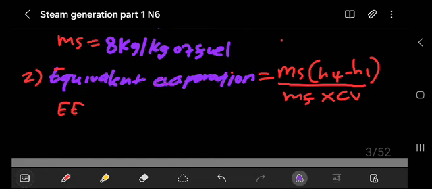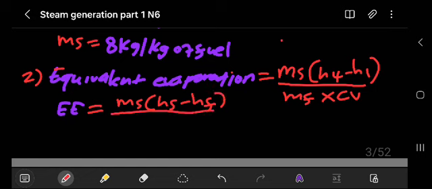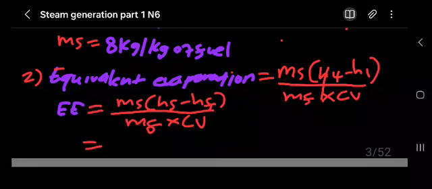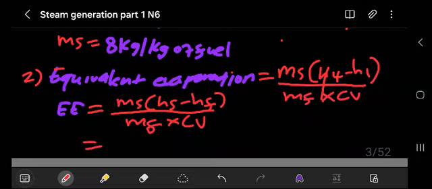You can write it like this if you want. Again, H4 is the same as H superheated, then H1 is the same as HF, mass of fuel multiplied by calorific value. It's one and the same thing. Then we substitute what we know.